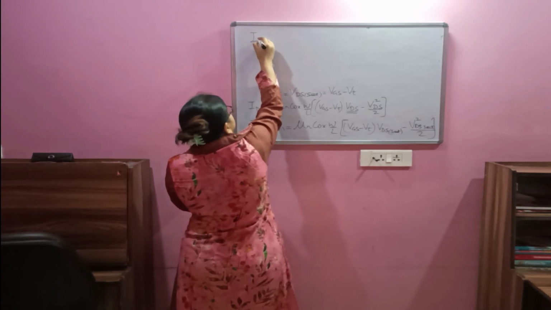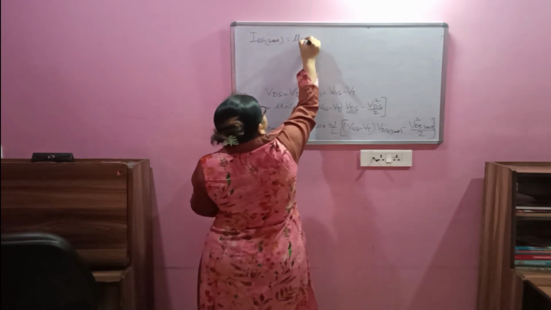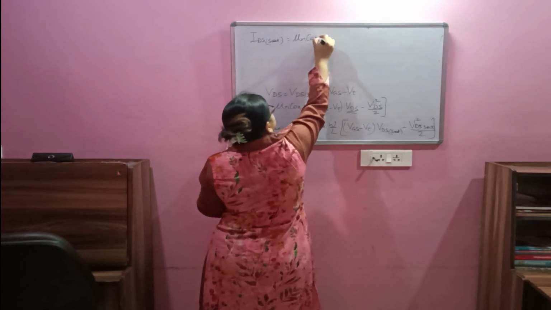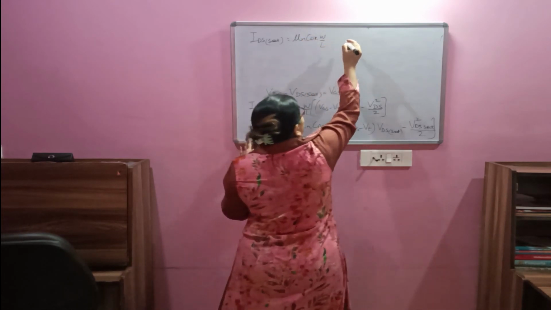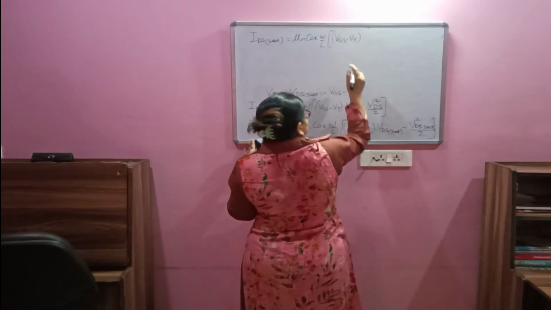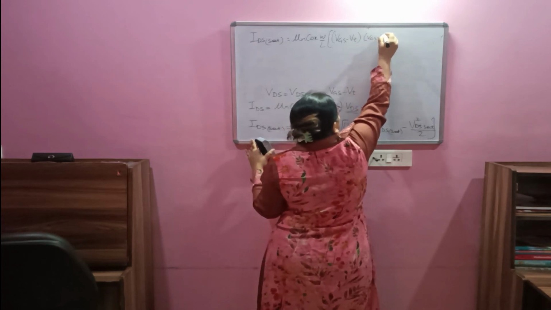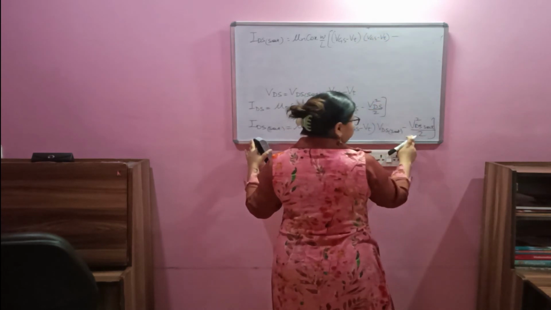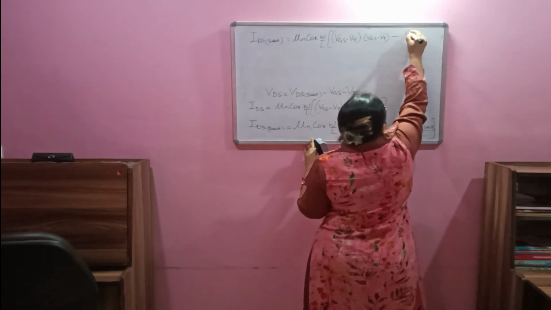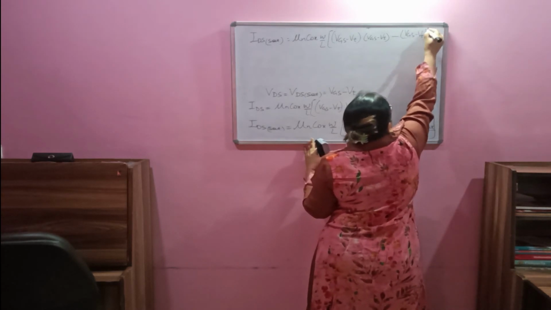So this IDS in the saturation region will be written as this. VDS saturation is replaced by VGS minus VT. Then we have a VDS saturation square, so this will be VGS minus VT whole square by 2.